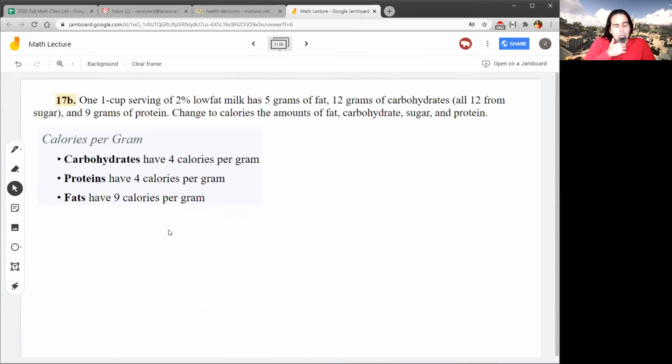Okay, let's have milk with our bagel. So a cup of milk has 5 grams of fat. Twelve grams of carbs. All of those are sugar.